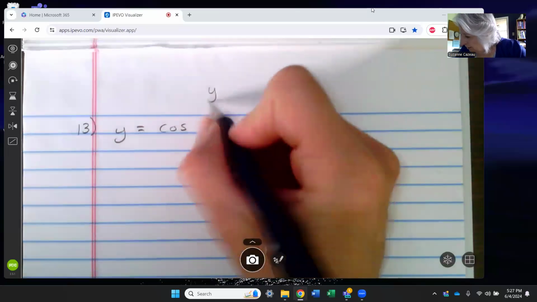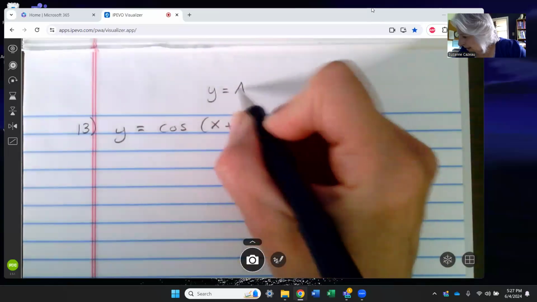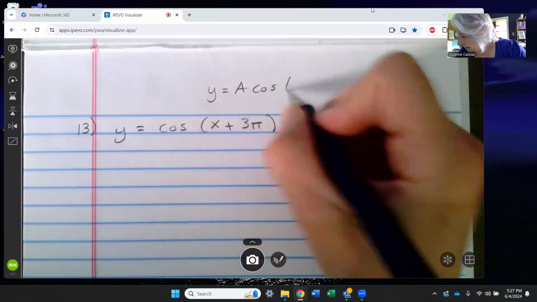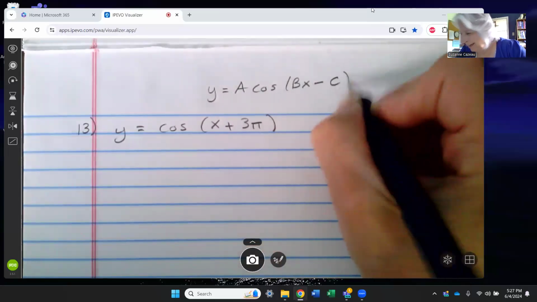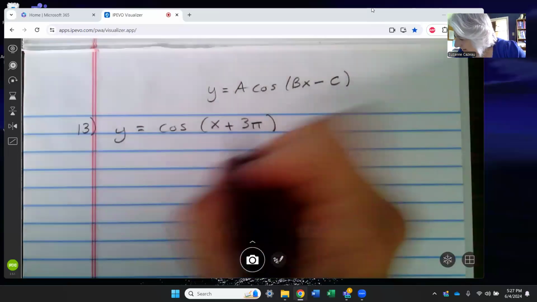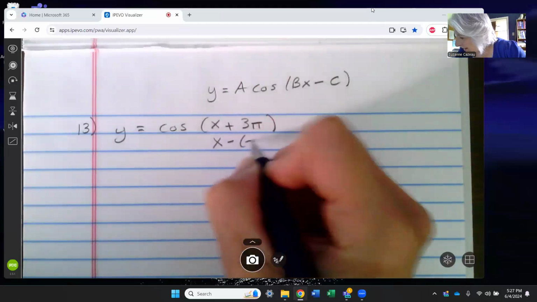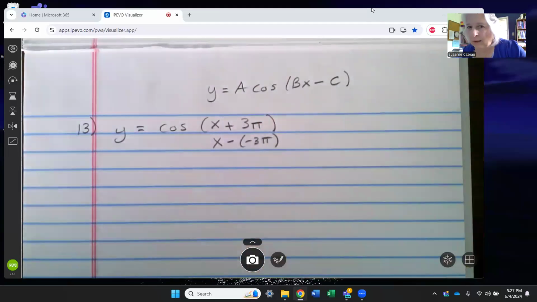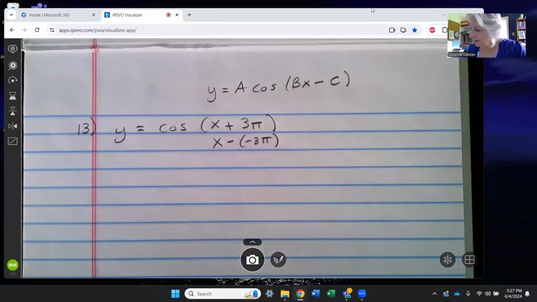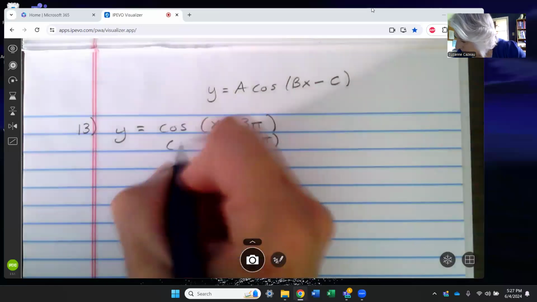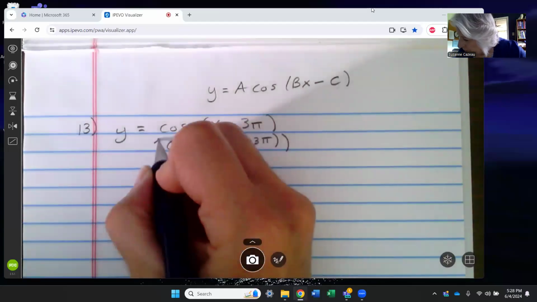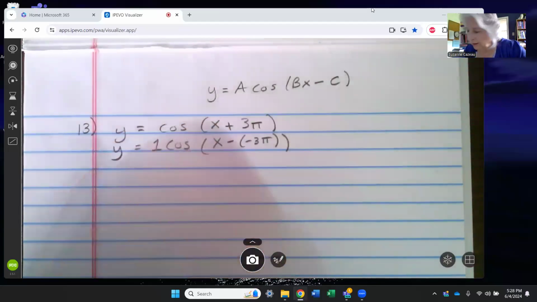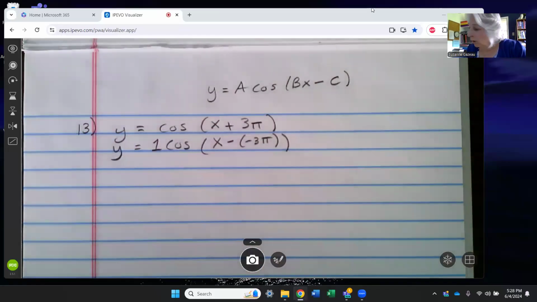So if you think of cosine of bx minus c, then you can see that this is minus a negative 3 pi. This helps you determine what the shift is. Okay, cosine of this thing. And there's a 1 in front. Okay, so your amplitude is 1.